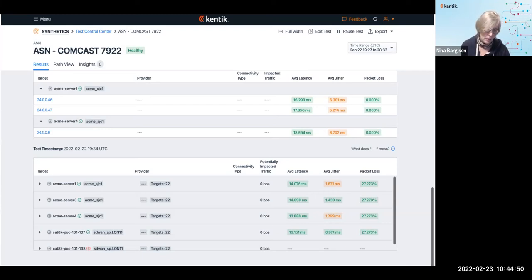So here's an example of some monitoring that we are doing with Comcast. I would recommend that as a way of making sure that you get the quality of your transit provider that you want.